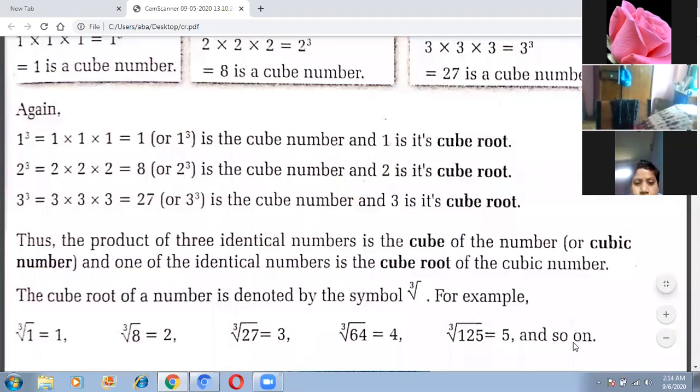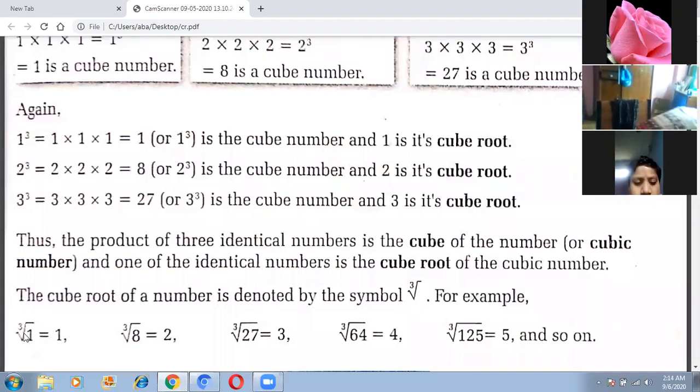You use this symbol for the cube root of the number. In square root you only write root, but in cube root you write 3 also.